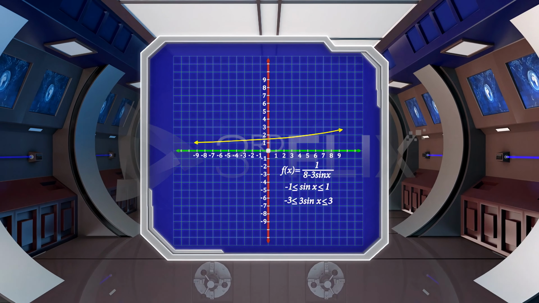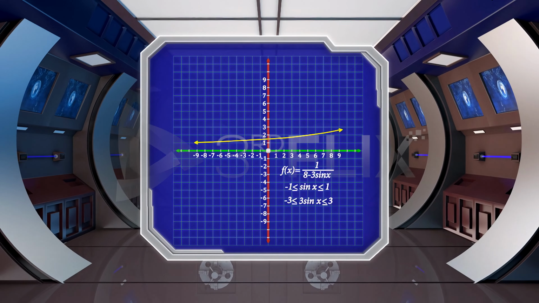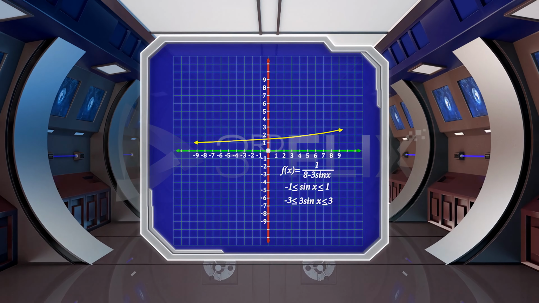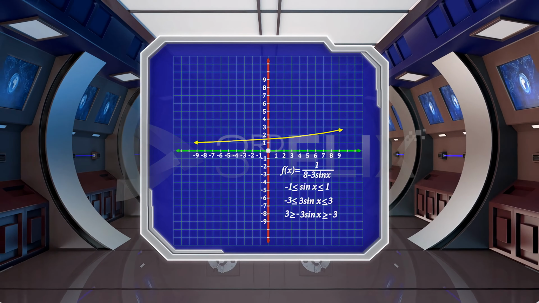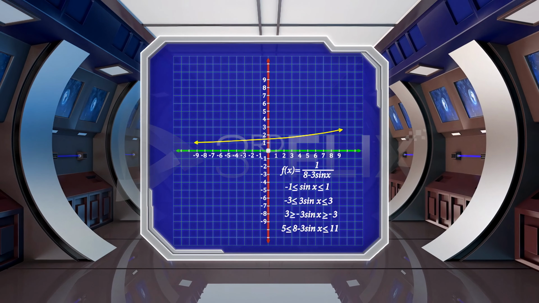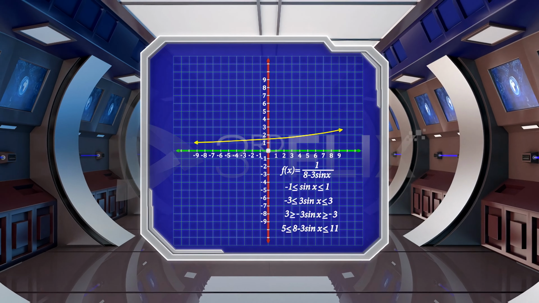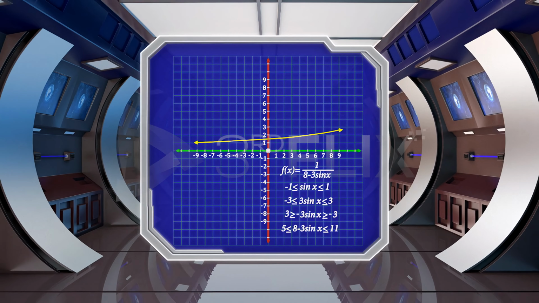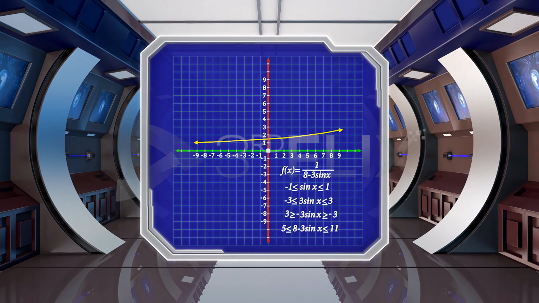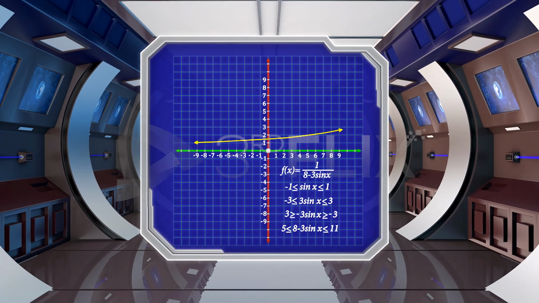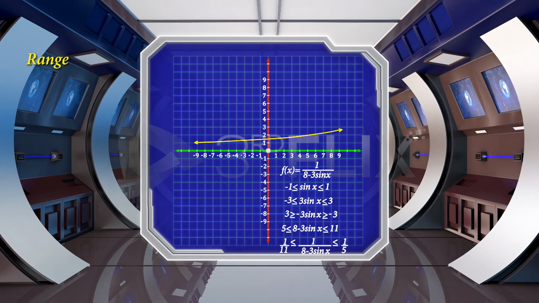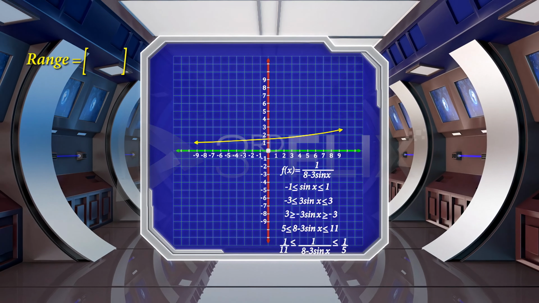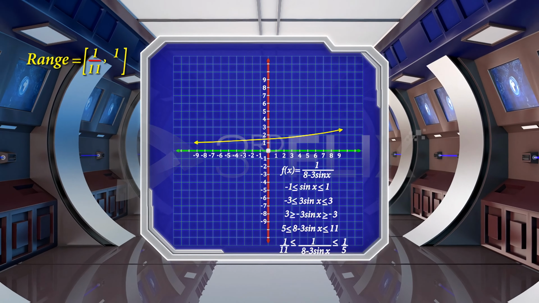Adding 8, we get 5 less than or equal to 8 minus 3 sin x less than or equal to 11. Reversing the inequality, we get 1 upon 11 less than or equal to 1 upon 8 minus 3 sin x less than or equal to 1 upon 5. Therefore, the range of the given function is the closed interval 1 upon 11 to 1 upon 5.